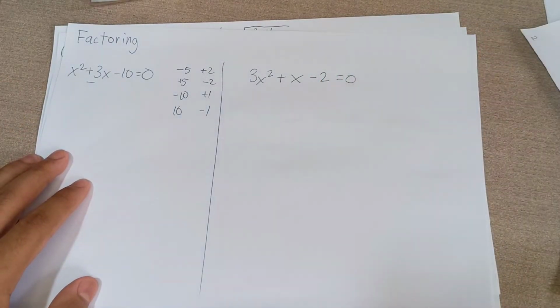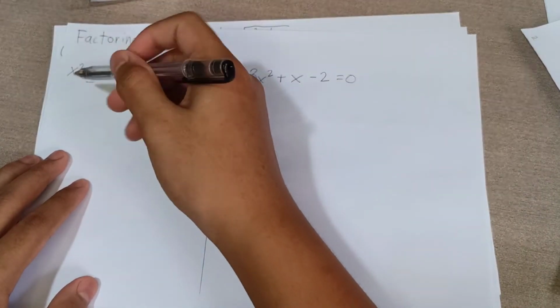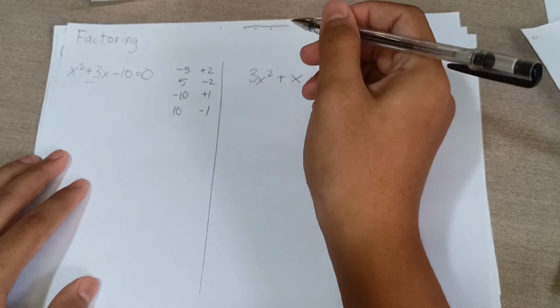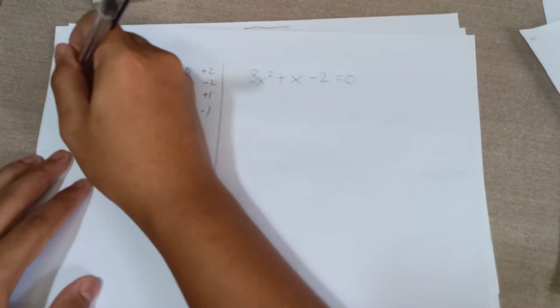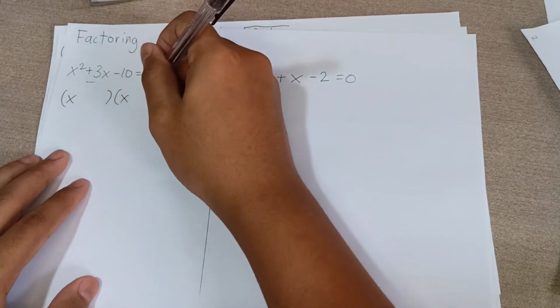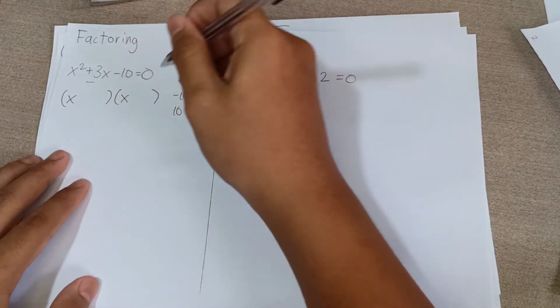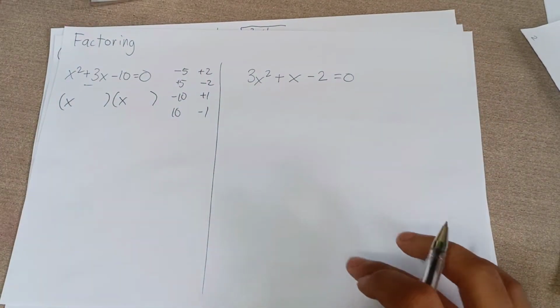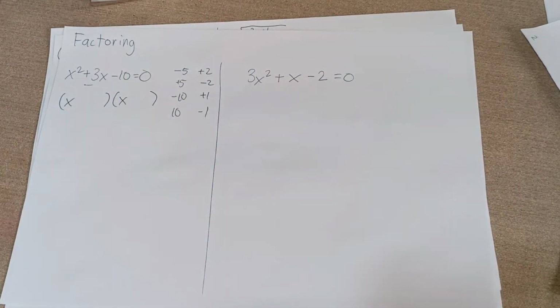Before we find our factors, if our a coefficient is 1, we can do this technique. We can write our two parentheses. Now, let's find the factors of negative 10 that have a sum of positive 3.